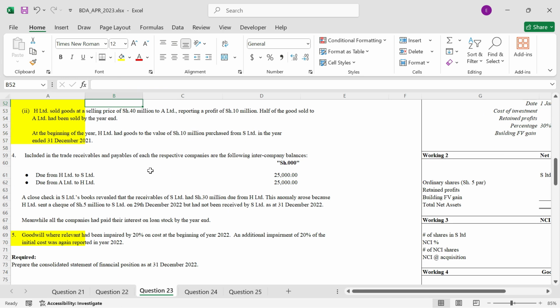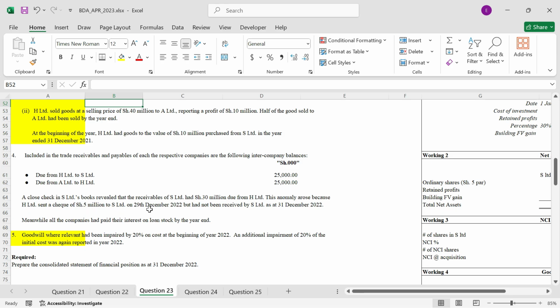Then I'm told included in the trade receivables and payables of the respective companies are the following intercompany balances. We have a balance from H to S of 5,000, and because that becomes S, I'll have to make this amount in. So a balance from A to H, 5,000, this is the accounting for the amount in this one.